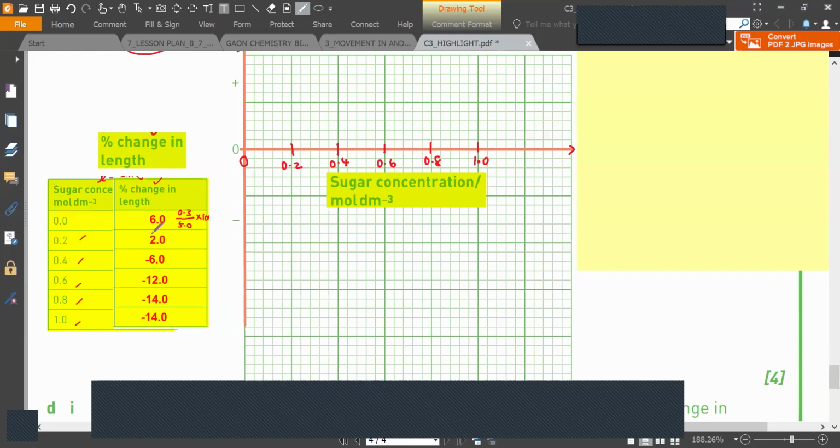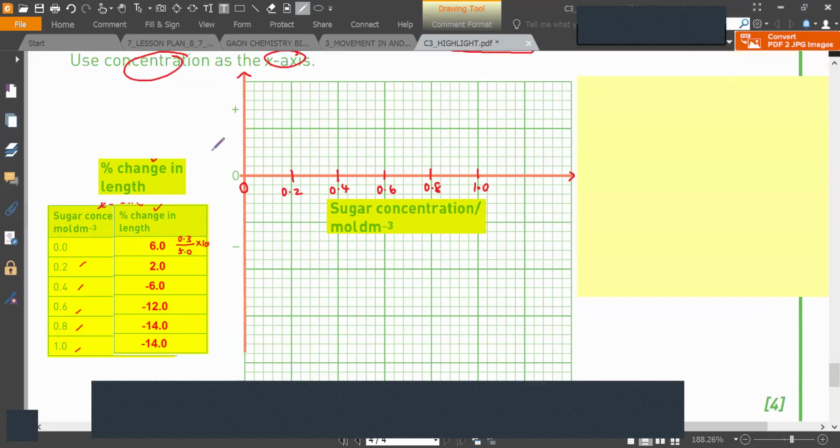Percentage change in length: either we can do 2, 4 here, but we cannot do that because this is 6. So we need to do 5, 10. So here will be -5, -10, and -15.